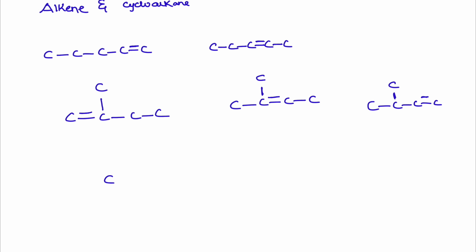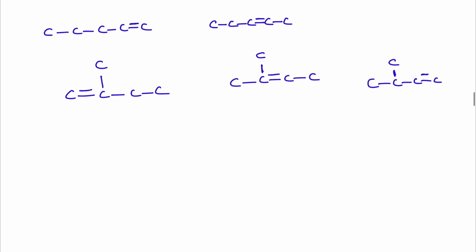Now let us try for a 3 carbon chain, whether it is possible or not we have to decide. So here totally this is a 3 carbon chain, but you cannot write a double bond at this place because the carbon is already having 4 bonds. Therefore, you cannot write a double bond. So a 3 carbon chain is not possible. So these are alkene structures. We can also write cycloalkanes.